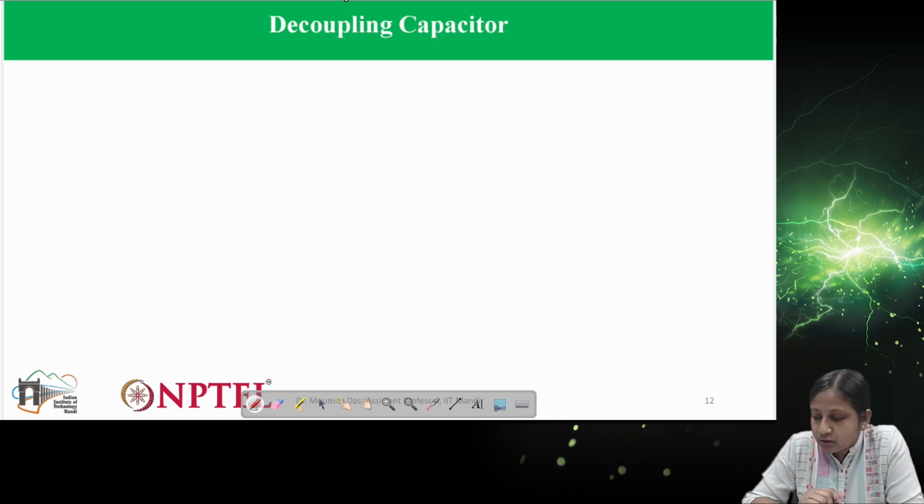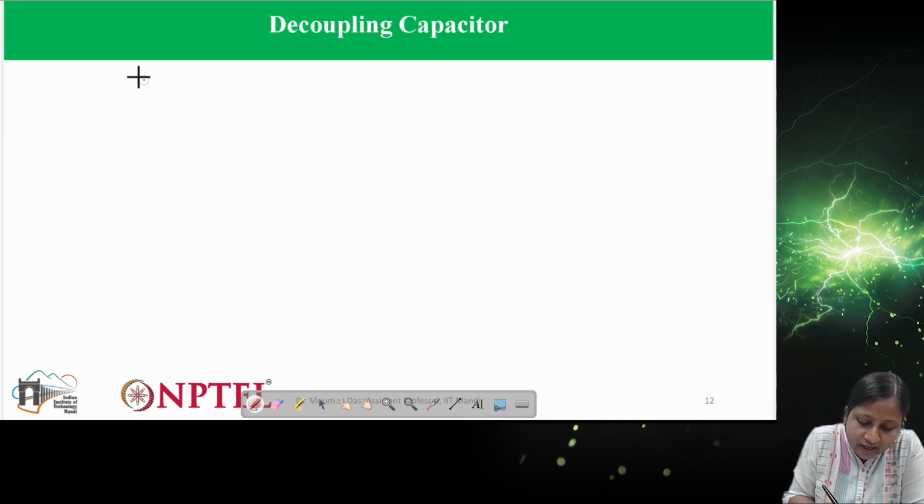Now how do these capacitors look in the circuit? You have seen two different voltage supplies for the gate drive. Basically we have VCC.